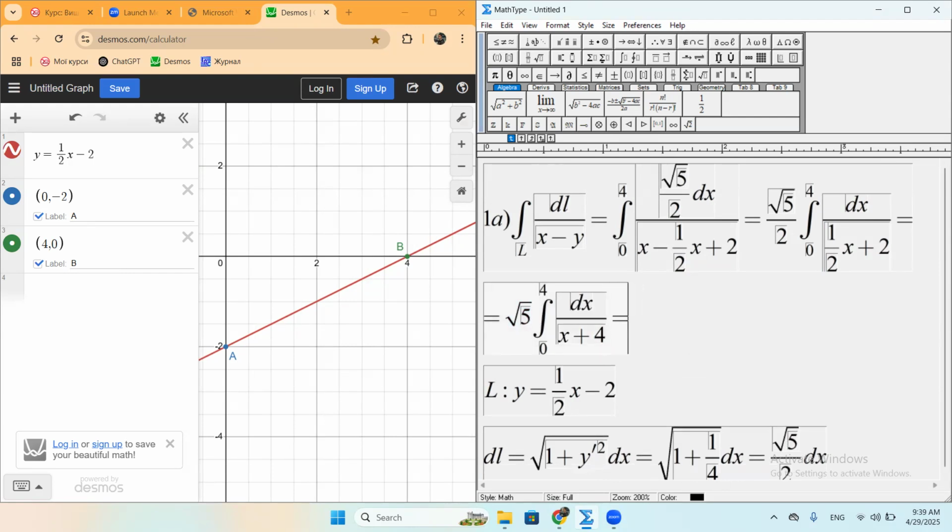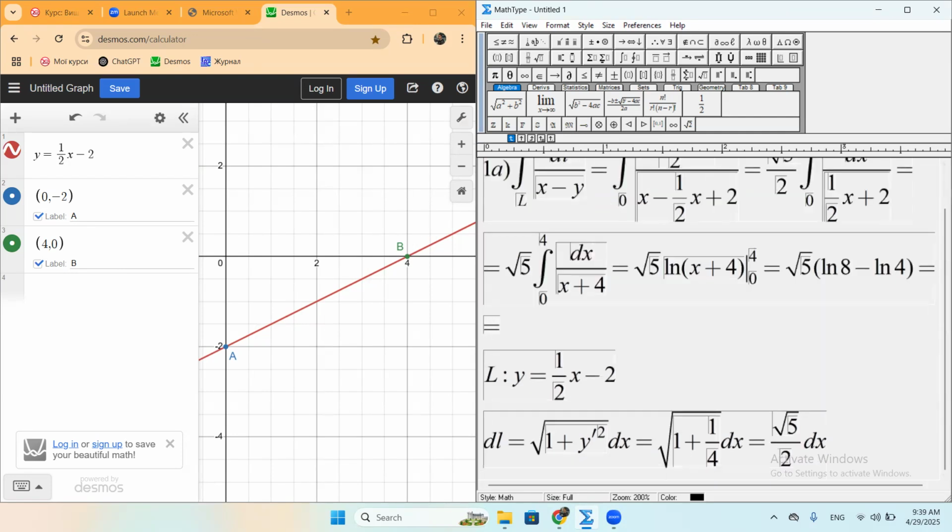Now we can integrate. It will be square root of 5 times the logarithm of x plus 4, with the substitutions from 0 to 4. If I substitute, I have the logarithm of 8 minus the logarithm of 4.